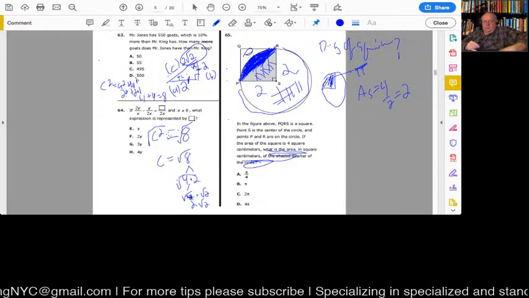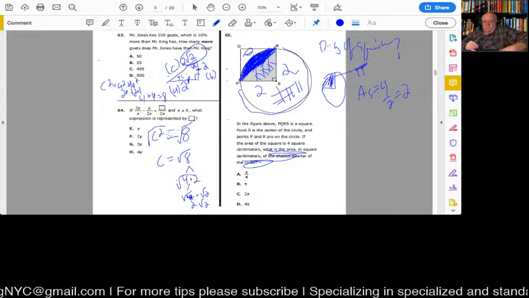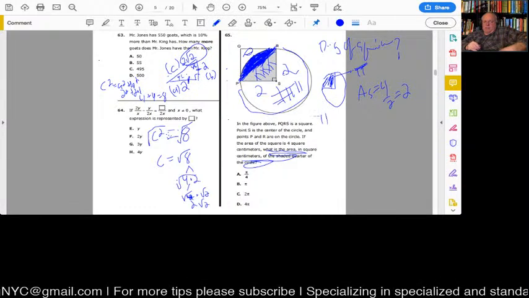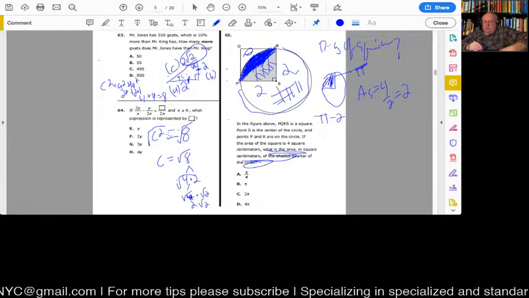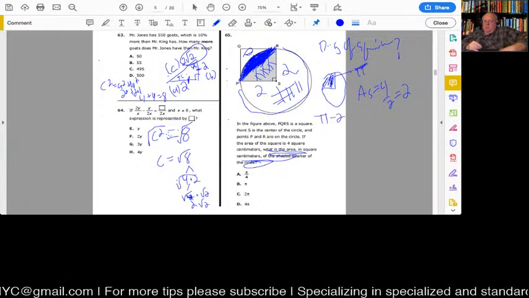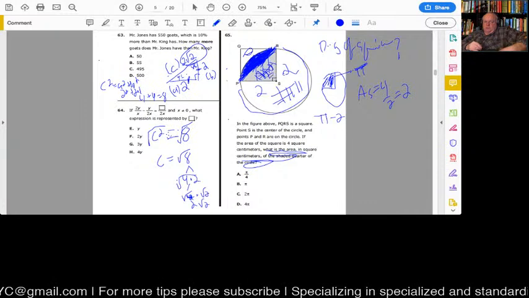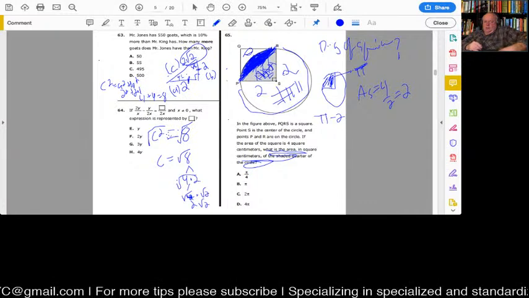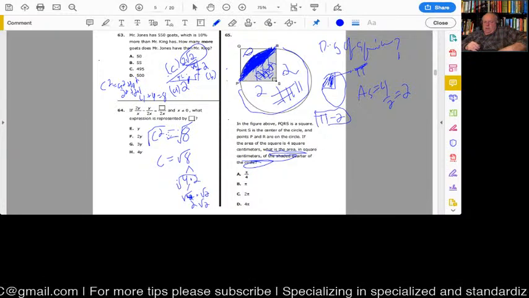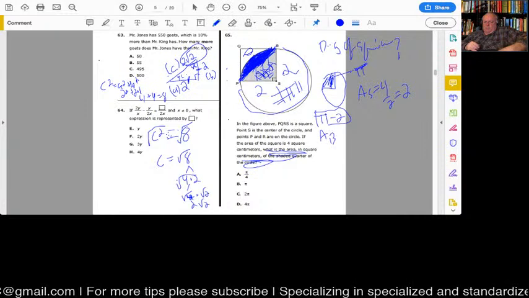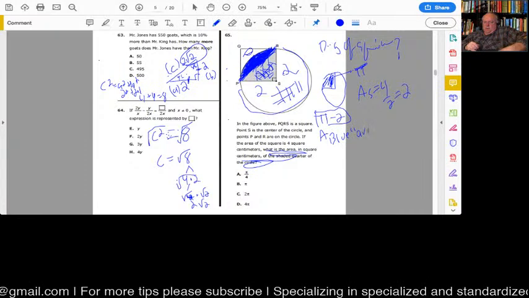So that's the answer. It's just pi minus 2. So that's the area of this blue shaded part. Pi is the whole original gray area, and 2 is the hatched off area right here. The area of the whole square is 4, then half of it is 2. So it's pi minus 2. That's the area of the blue arced area.